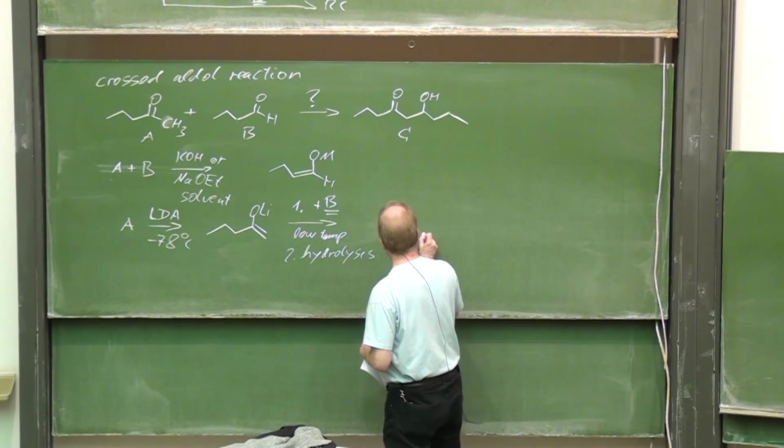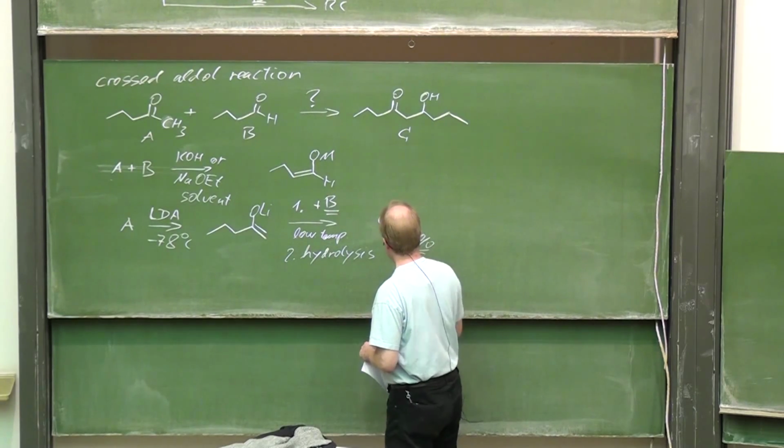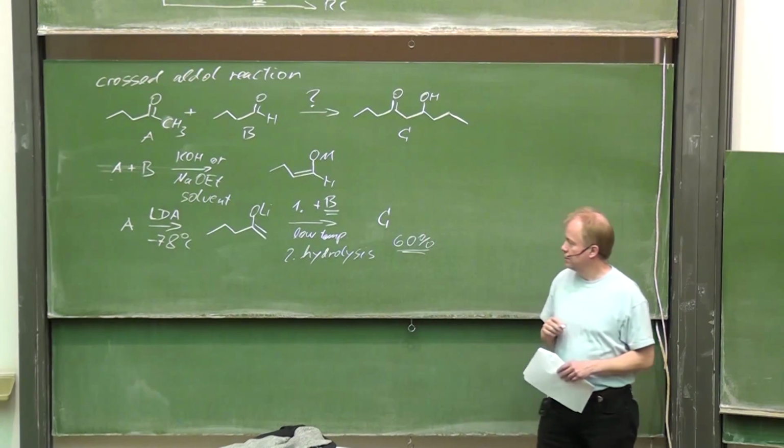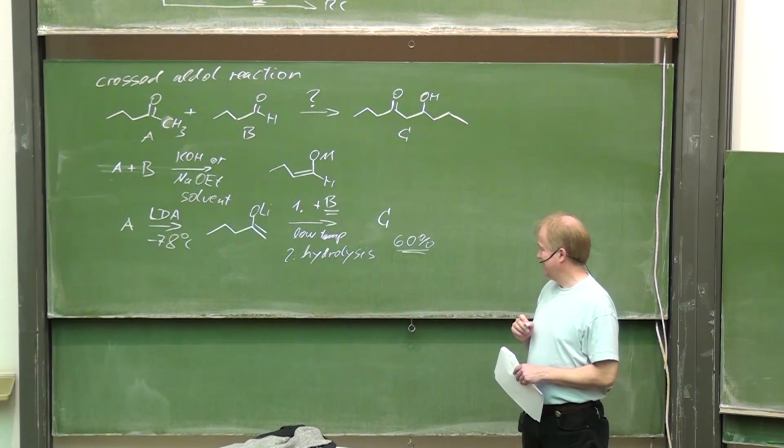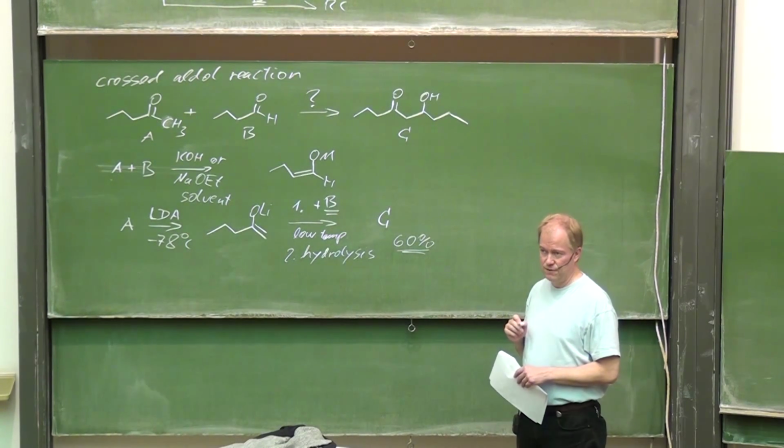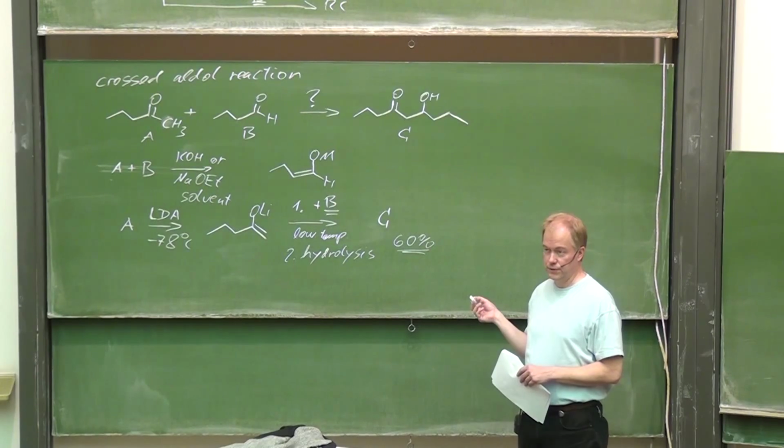Well, and this has been done, and you will find in literature that a 60% yield of C was achieved. This is not bad for this reaction. On the other hand, we can think about, well, what happened to the other 40%? Always a question we should ask.